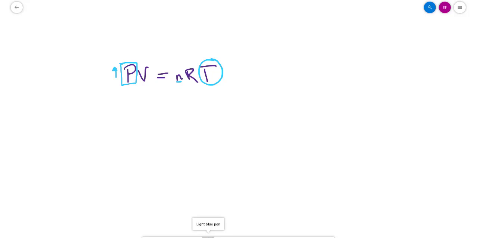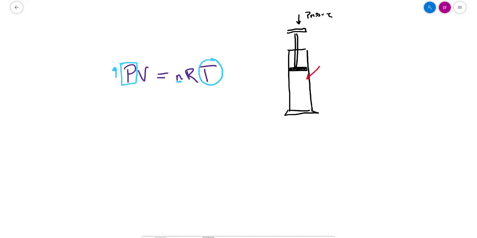One way to model this would be to create a sort of plunger system where you have a gas chamber, and inside that chamber you've got a plunger and a rod, essentially a piston, like what we've talked about before, where you can exert some force over that area, or pressure. Just normal atmospheric gas in here, so this can be done in open air.